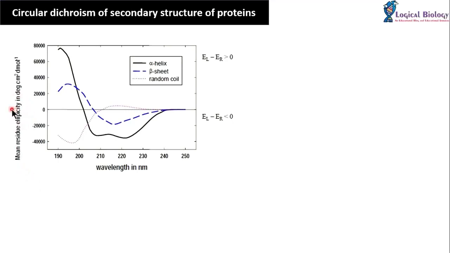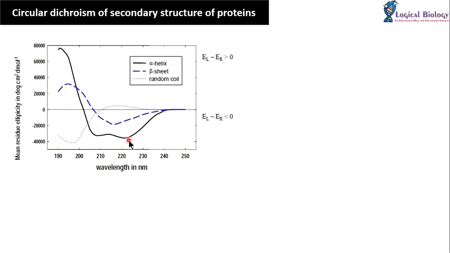So what I find here, this dark black line is for alpha helix. Alpha helix has circular dichroism bands. One is positive, that is here, second is negative, that is here, and third is negative, that is here.